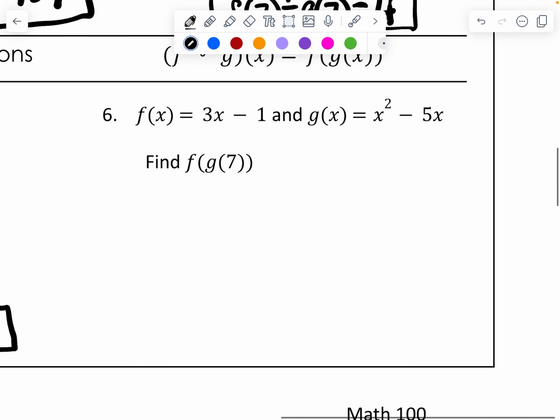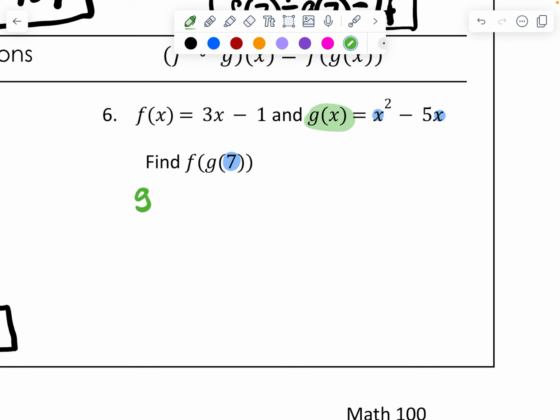Okay, last example. Find f of g of 7. So we start with the one that's most on the inside. So this is my input for g of x.